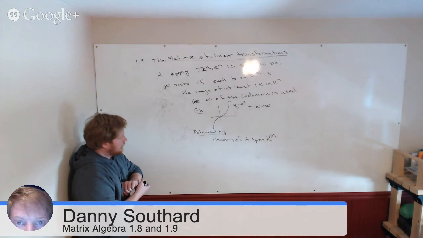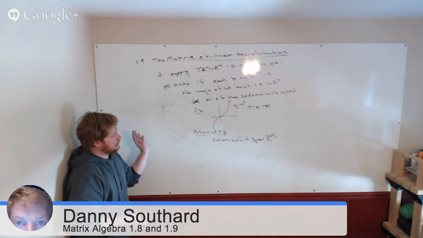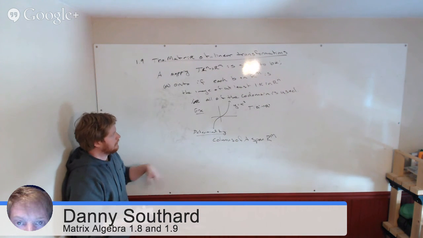So if the columns of the transformation matrix span Rm, then that means everything in Rm is going to get hit.